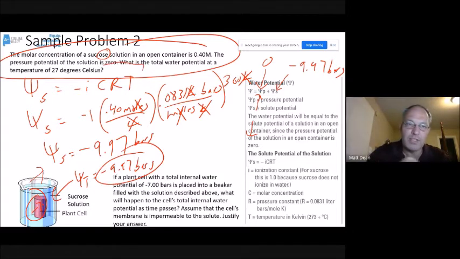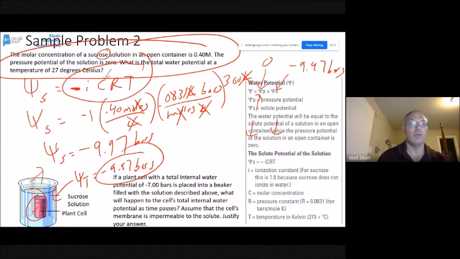So if we think about this equation, as this number goes up, the solute potential actually becomes more and more negative. It actually decreases. So in both cases, pressure is going to decrease, solute potential is going to decrease, the total internal water potential of that cell is going to decrease because the pressure drops and the solute concentration increases, therefore decreasing the solute potential.